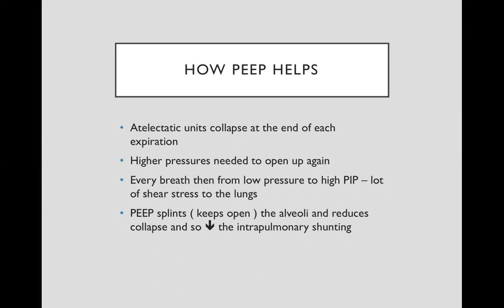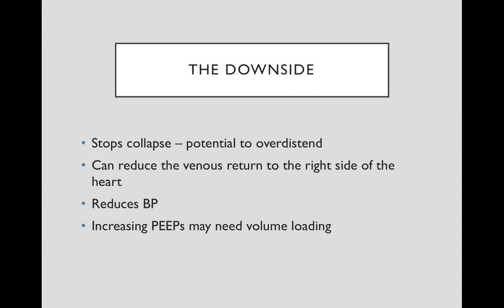If you keep the lung slightly open, meaning you give adequate PEEP, PEEP splints open the alveoli and stops them from shutting off towards the end of expiration. This is termed the open lung strategy for ventilation in ARDS, and this avoids huge swings of pressure and causes less damage to the lung.